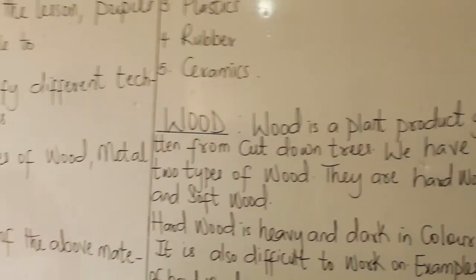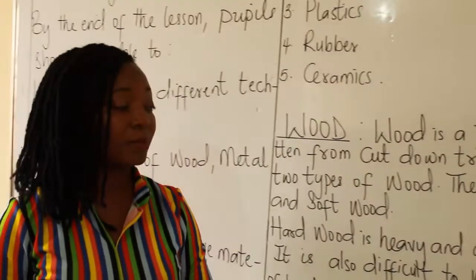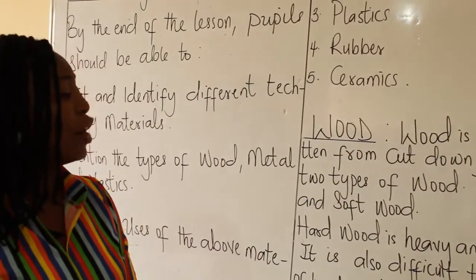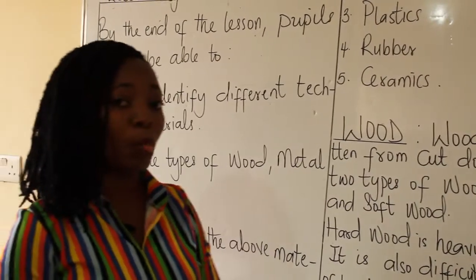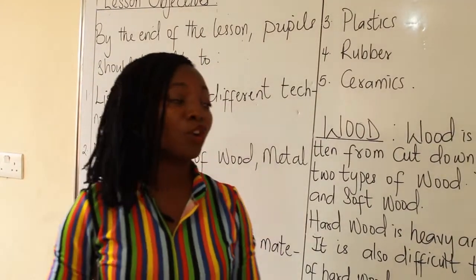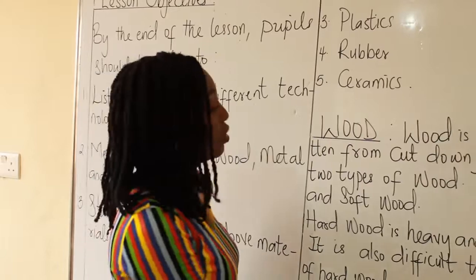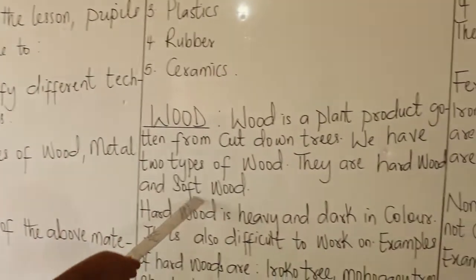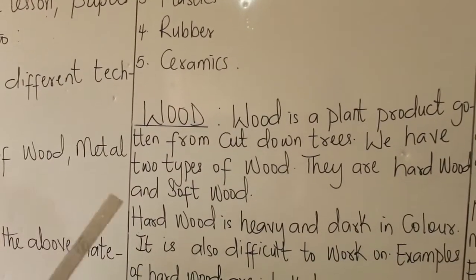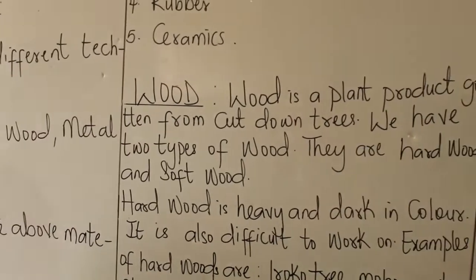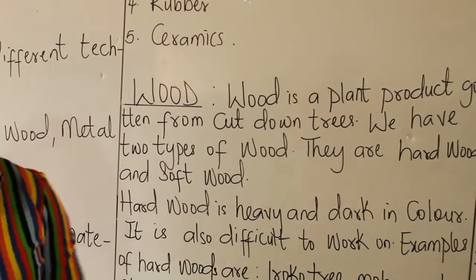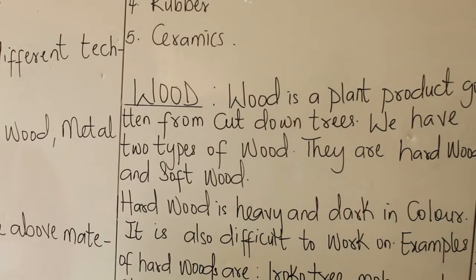We get wood when we cut down trees. We have two types of wood, and they are the hardwood and the softwood.